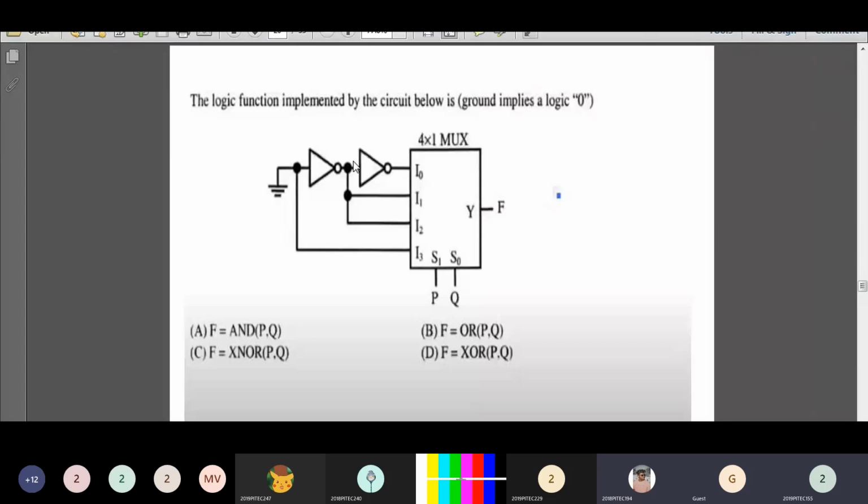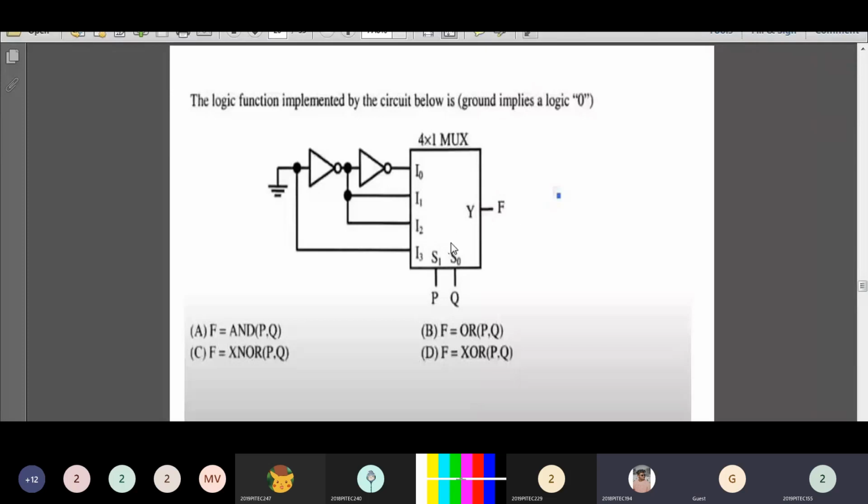So your final expression will be P dash Q plus, now when I2 will be selected at the output, what is the selection input combination? When your selection input is 1 0, I2 will be connected.